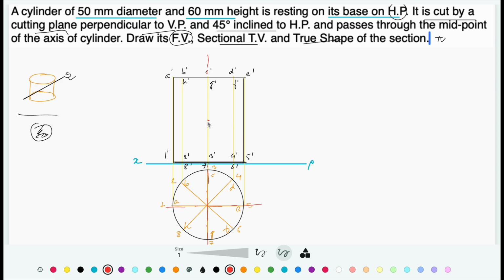So locate the midpoint of that central line, create one locus parallel to the XY line, and draw a line which is inclined at 45 degree. So let's say this is going to be the cutting plane. Let me highlight this cutting plane. So this is VT.